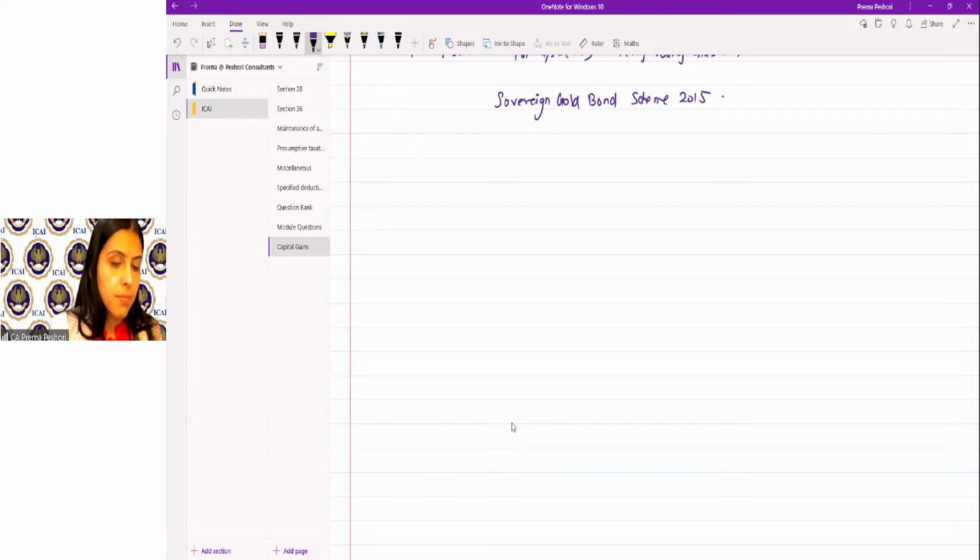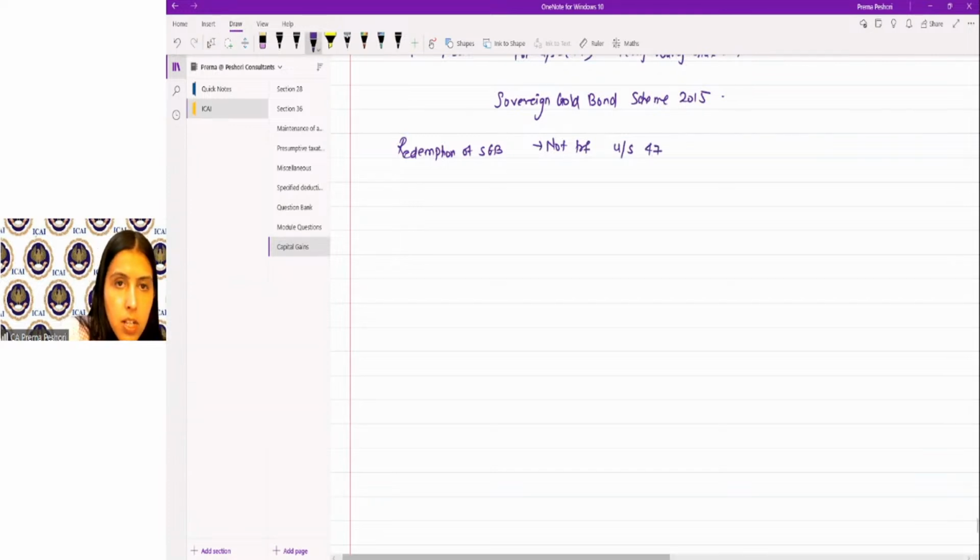Sovereign gold bond scheme. So here, in case of any redemption of sovereign gold bond, it is not regarded as transfer under section 47, right?